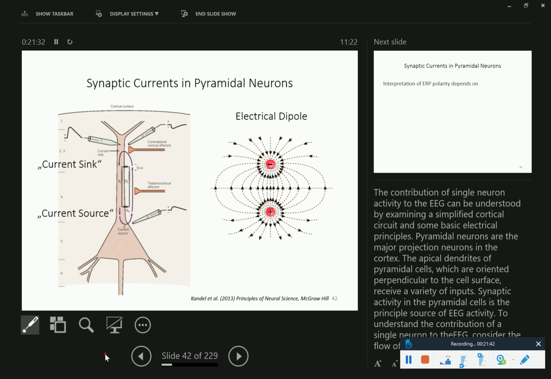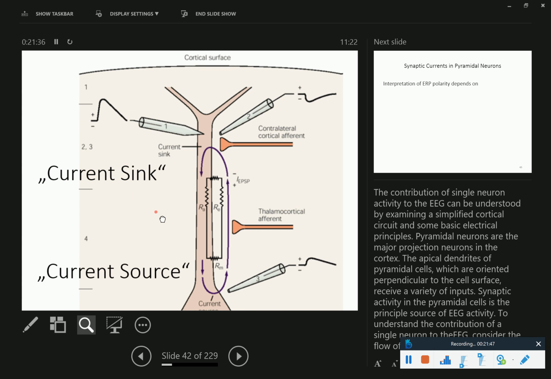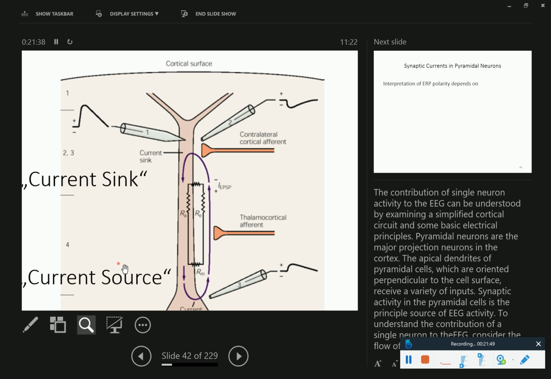Maybe I explain this picture first. So the idea is as follows. We've seen that at the site of the synapse, what happens is that there is a flow into the neuron, which induces an extracellular current.